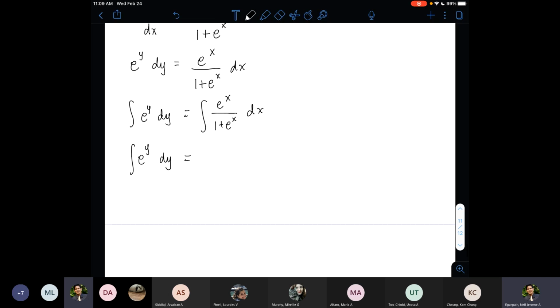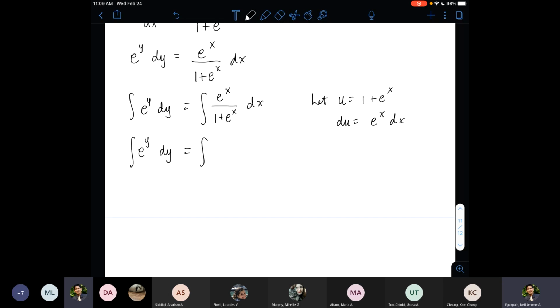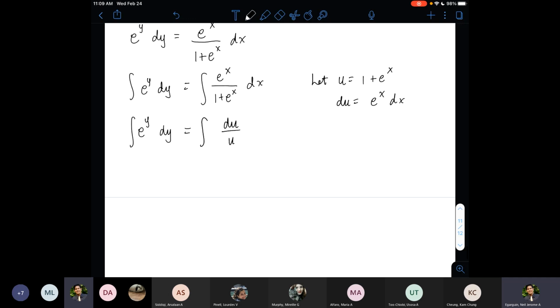So for the right-hand side, I will let u be equal to 1 plus e raised to x. Then du would be e to the x dx, which is fine. I can get it from the numerator. So that means the right-hand side is the integral of du over u, okay, which is easier to integrate now.